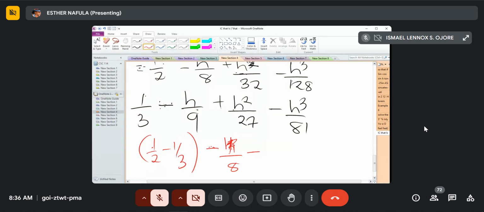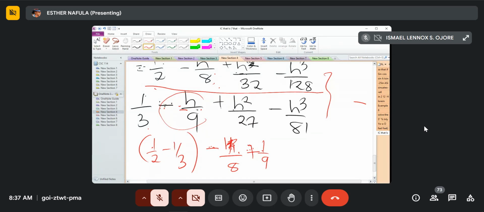We are taking the terms in the first series minus the terms in the second series. So it's this minus this. So a half minus a third. Here we have minus h over 8 minus h over 9. So that becomes plus. So you have minus 1 over 8 minus 1 over 9. So plus 1 over 9.